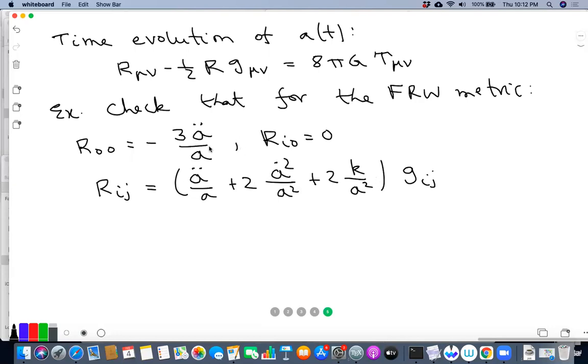You have to calculate the Christoffel symbol from the FRW metric, and from there you can calculate the Riemann tensor and the Ricci tensor.